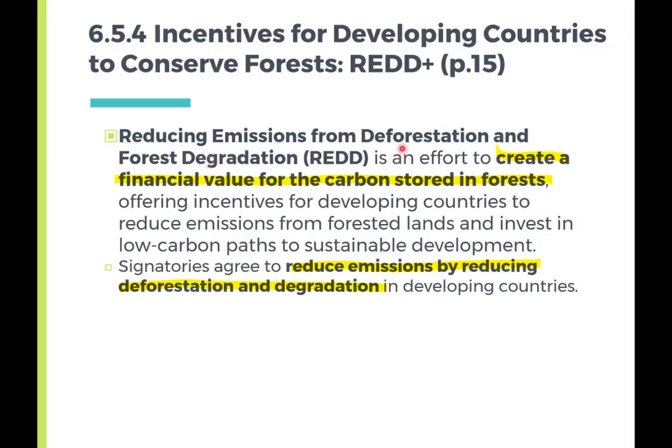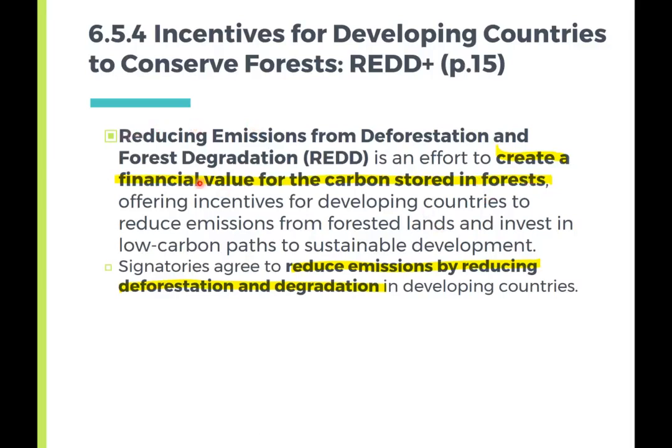So, Red Plus or Red is an effort to create a financial value for the carbon stored in forests. Red is part of the climate change mitigation measures. So therefore, they are interested in the ability and the value of forests in storing carbon dioxide and reducing global warming. So we know that forests are very valuable in this regard, but what Red does is to provide a financial value to the carbon that is stored in forests.